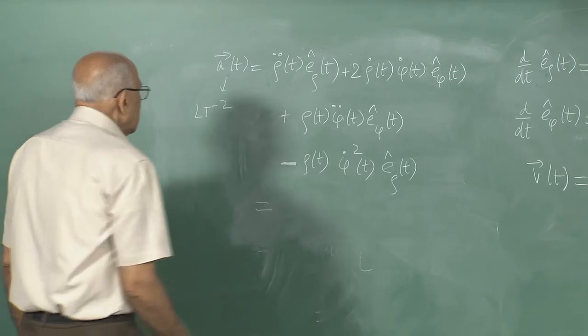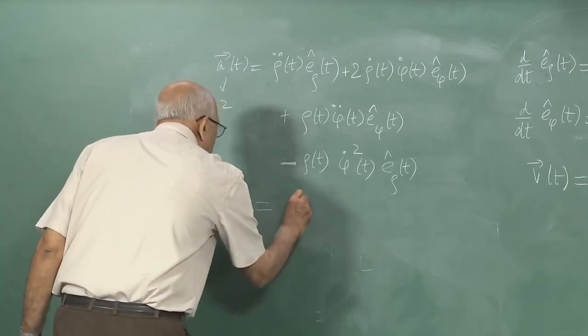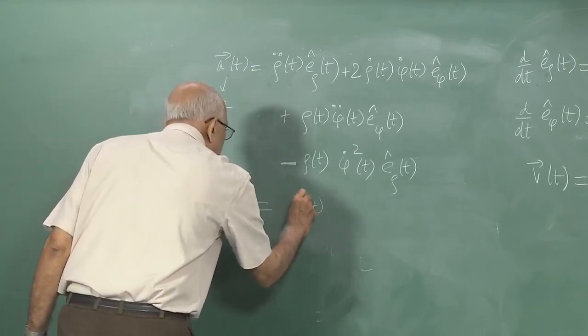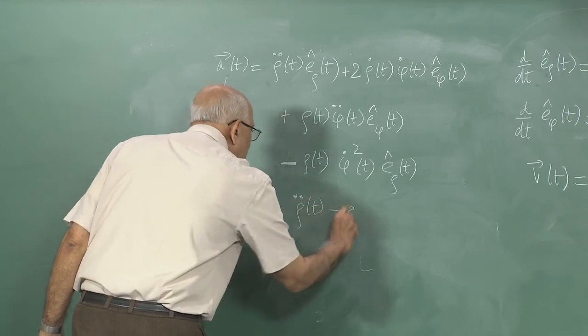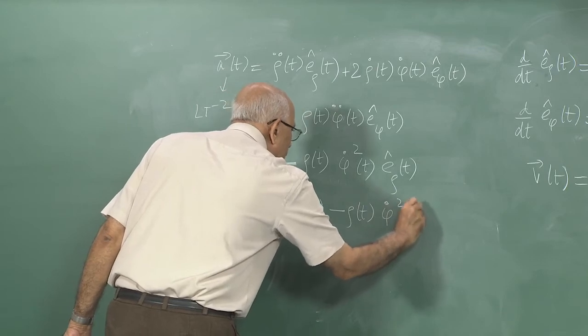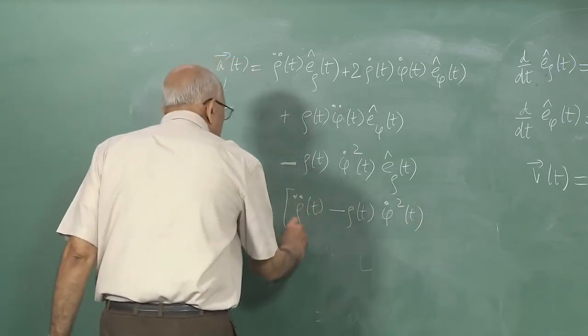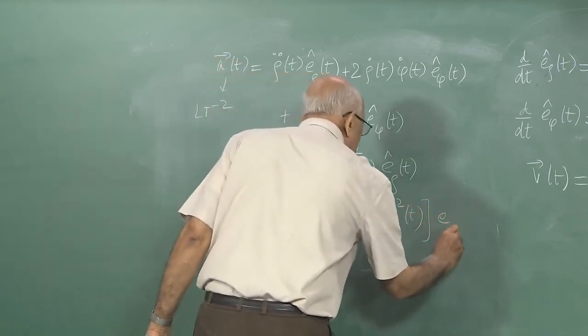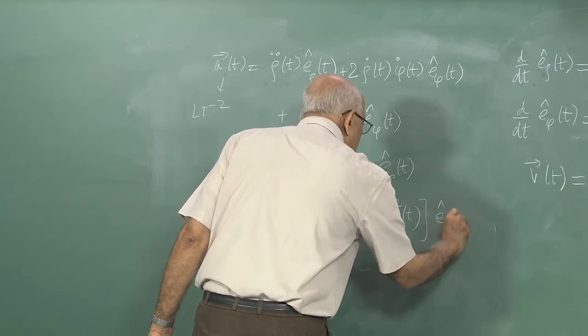So this says rho double dot of t minus rho of t phi dot squared of t in this fashion, that multiplies e sub rho of t.